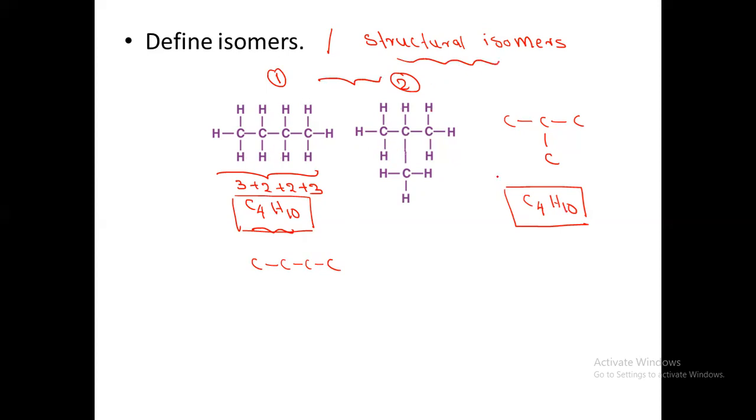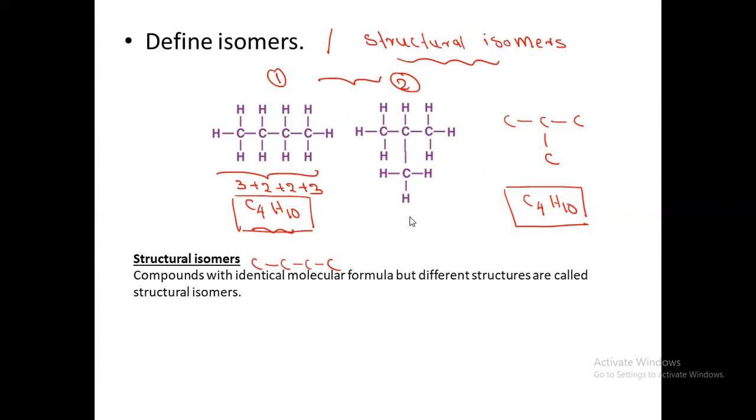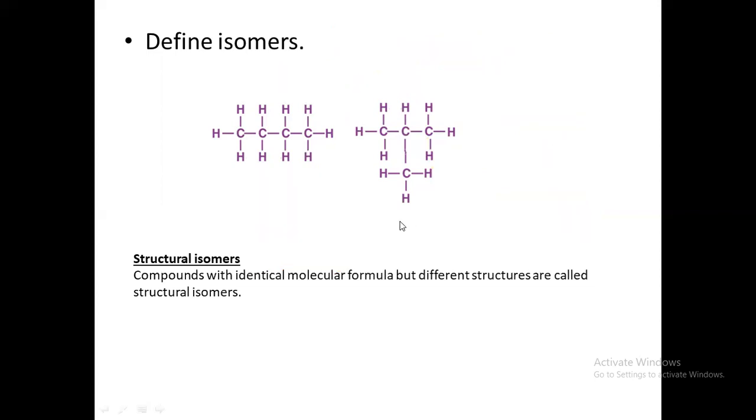Molecules having the same formula but different structure. For 1 mark, you can simply write: structural isomers means compounds having identical molecular formula but different structure. Same formula, different structure. That's enough for 1 mark.